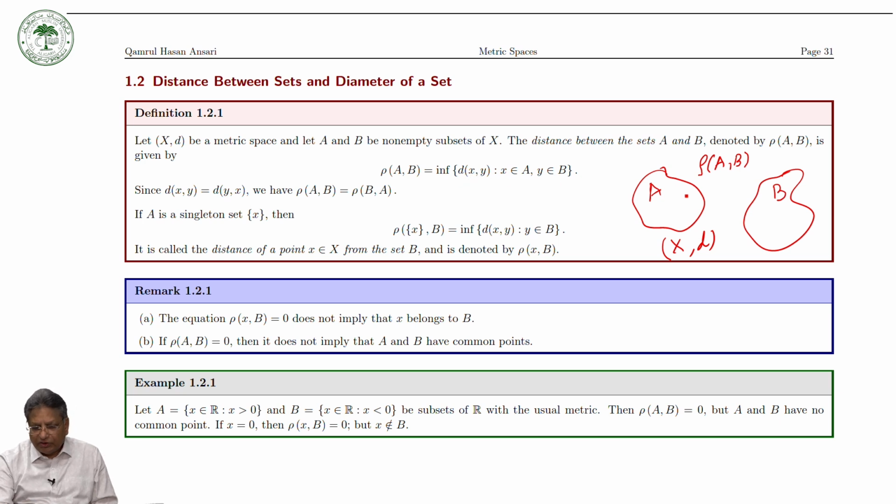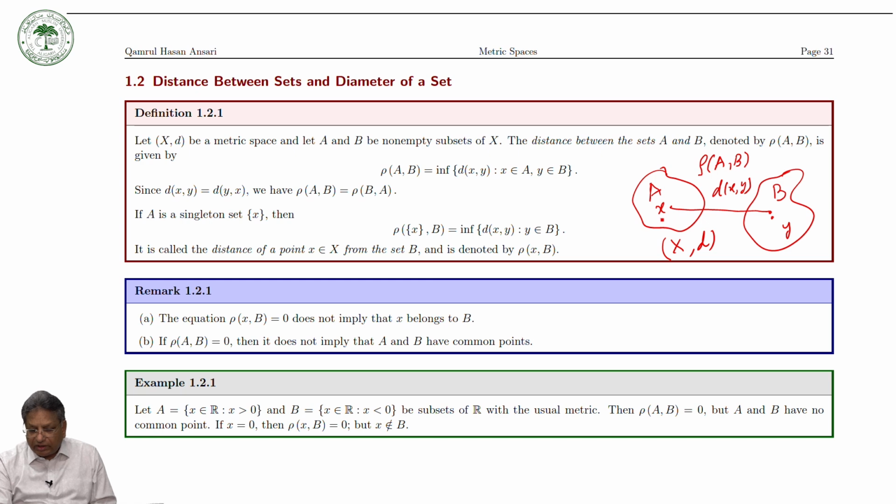That is to say, you take any point x, you take a point y, and you find this distance. This distance is not the ordinary distance, but it is the distance measured by the metric d.